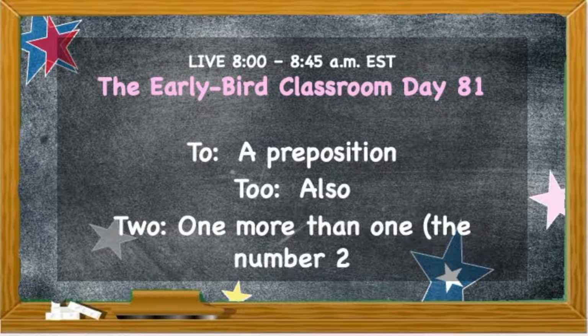We talked about the different twos as well on day 81. To, T-O, to, T-O-O, and to, T-W-O. So you should be using those three different types of to correctly in your writing.